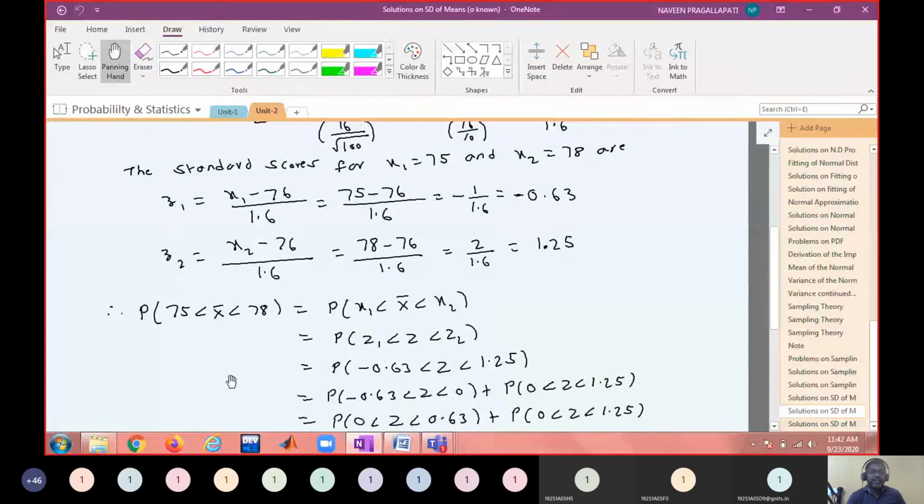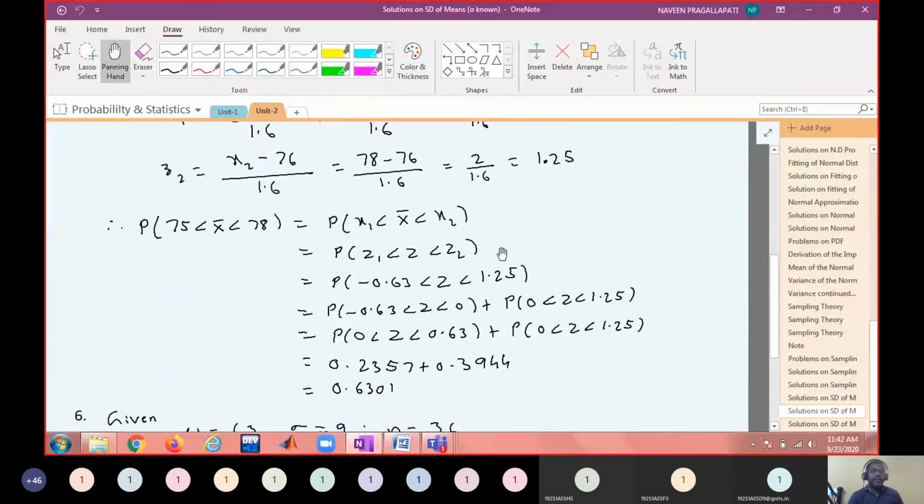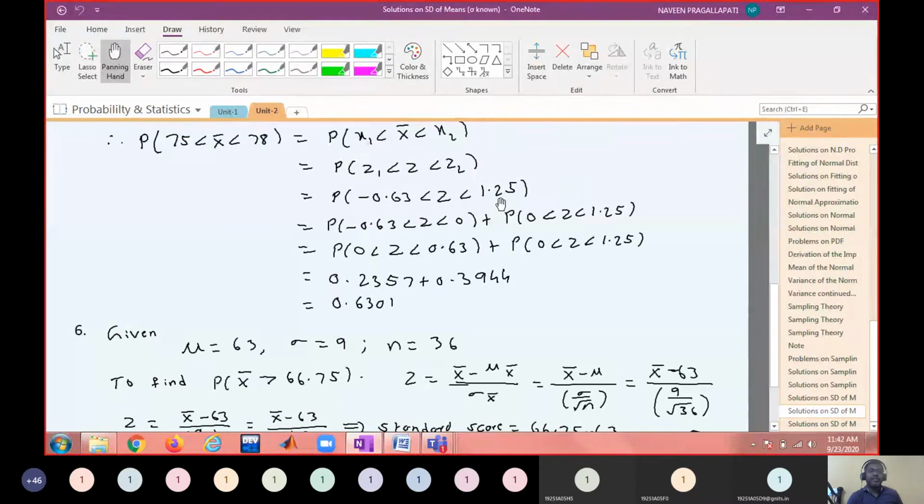Once you have the Z scores, rest is just routine normal probability calculation. So probability that sample mean is in between 75 and 78 is nothing but probability that the standard normal variable is in between minus 0.63 to 1.2. Because one is negative and the other is positive, you have to add the probabilities using the normal distribution table. You will observe that the probability is 0.6301. Is this clear?